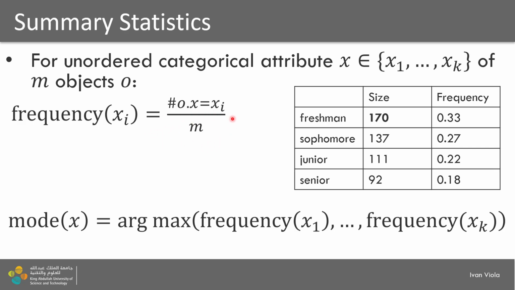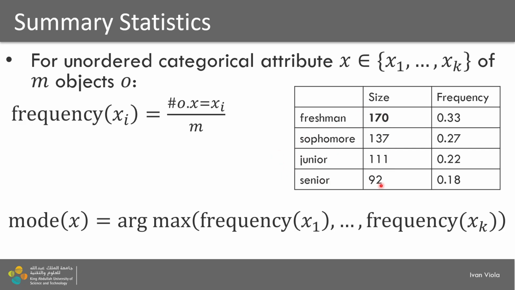So we can, for example, see that if we have objects that are people, and these people are students, undergraduate students: freshman, sophomore, junior, and senior.